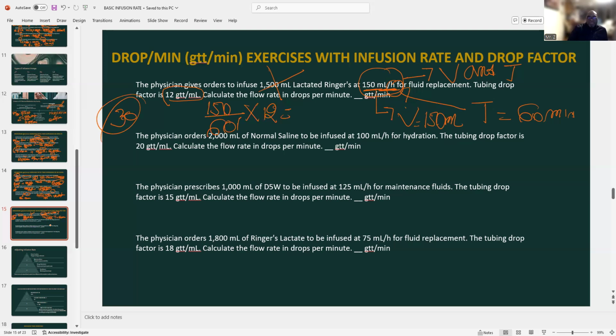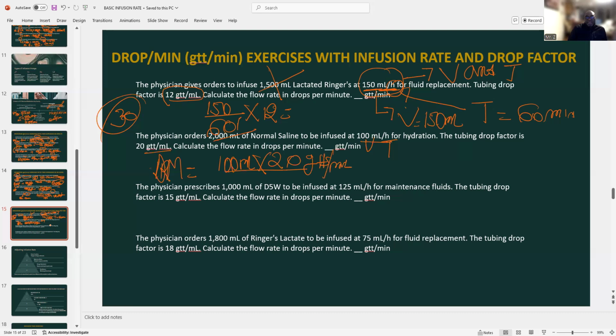You're not going to worry about that one. You just have the infusion rate, and then you got the drop factor. So this right here is your volume, that is your time. Your drops per minute is going to be 1000 milliliters multiplied by the drop factor, which is 20 drops per 1 ml.